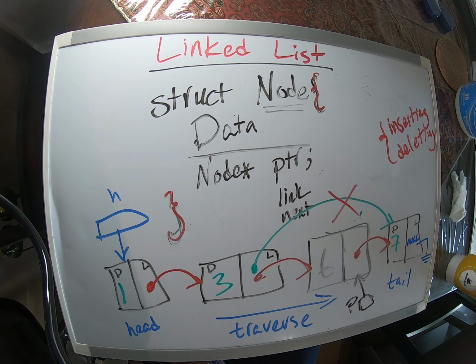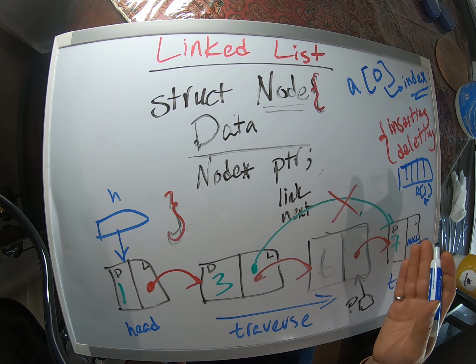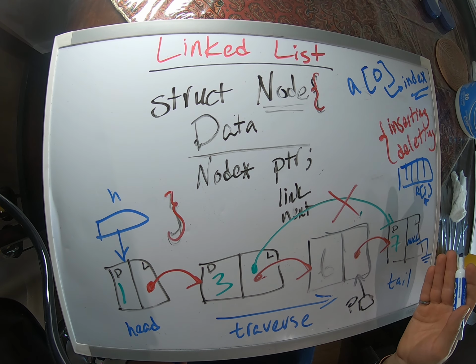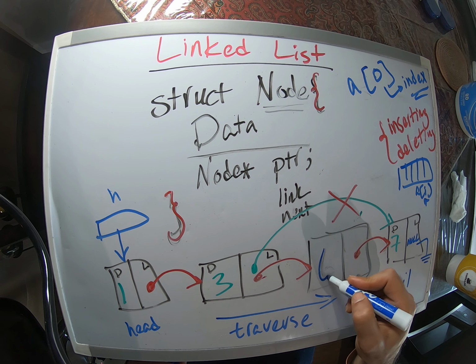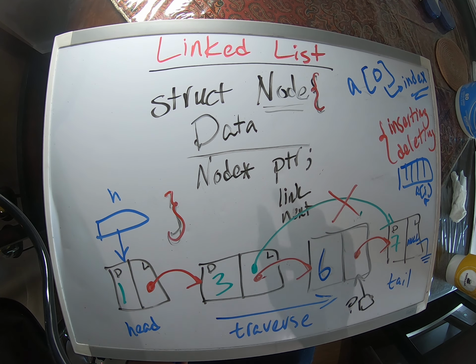However, in the linked list, how can we do that? We have to traverse all the way from the beginning, from the head, all the way to the tail to find, for example, the elements that we need. So we don't have random access in the linked list. We have to traverse through the linked list to find the node that we need.